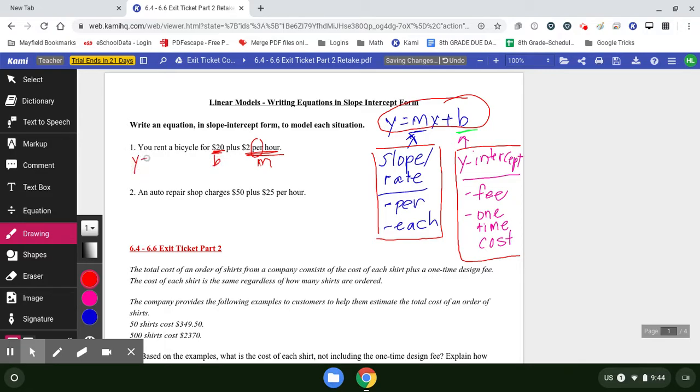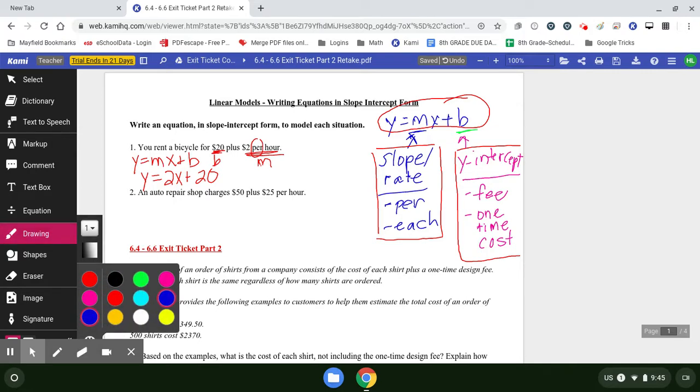So if I want to do an equation, okay, y equals mx plus b, I have two variables that I have to fill in, m and b, okay? So y equals 2x plus 20. And so I have my equation already written.